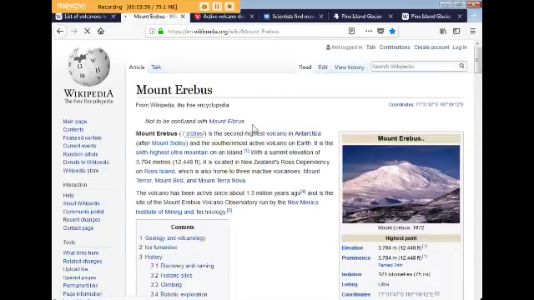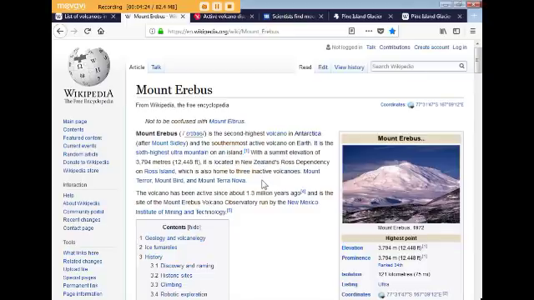Mount Erebus is the second highest volcano in Antarctica after Mount Sidley, and the southernmost active volcano on Earth. It's the sixth highest ultra mountain on an island, with a summit elevation of 3,794 meters or 12,448 feet.